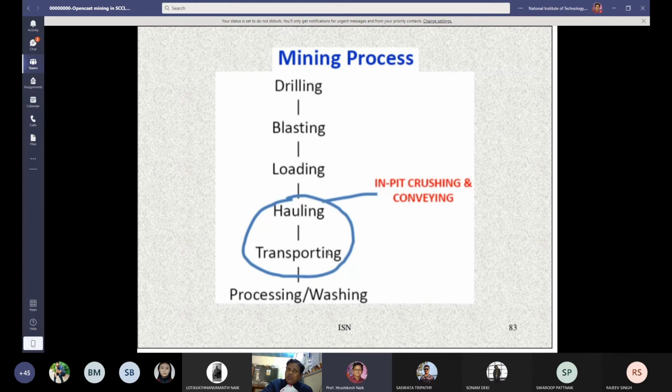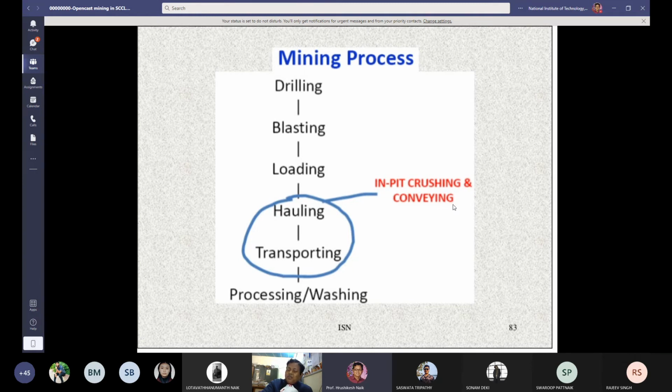Diesel is very costly, and you need a number of dumpers, a number of trucks, more drivers and more helpers for the transportation purpose. It is also very costly because of the diesel consumption. Therefore, if you adopt the conveyor system, the conveyor can be operated electrically.